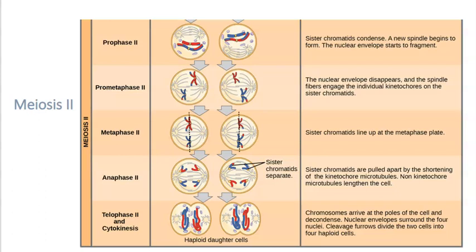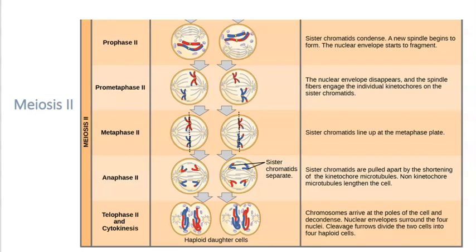After you complete cytokinesis 1 of meiosis 1, each of the daughter cells is then going to go through meiosis 2. Note that in between meiosis 1 and meiosis 2, the DNA is not replicated. So we don't want to do synthesis in between meiosis 1 and meiosis 2. The idea here is we're trying to reduce the number of chromosomes.